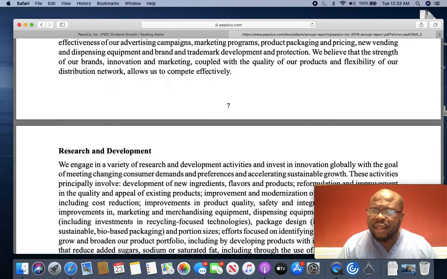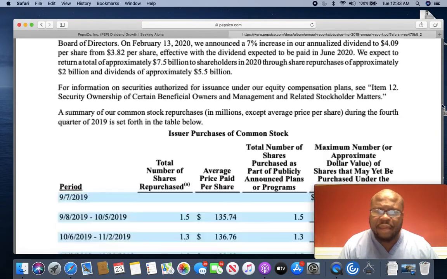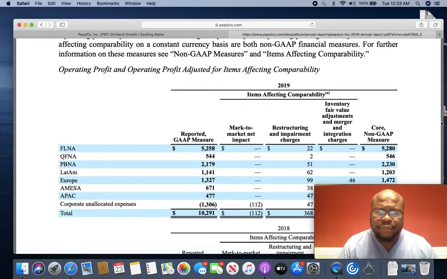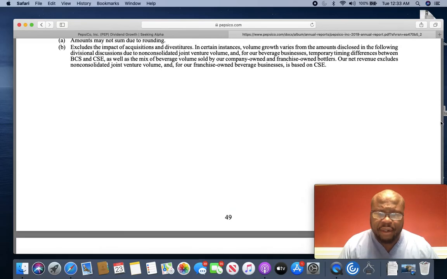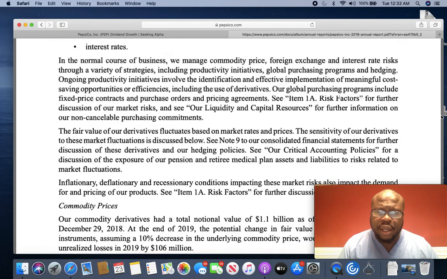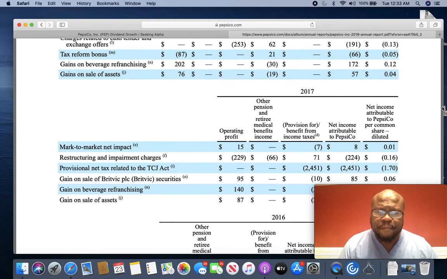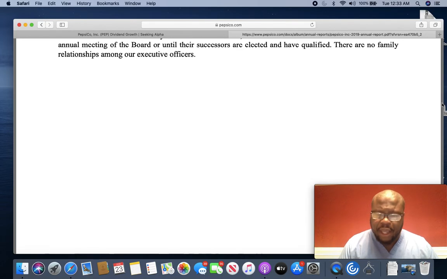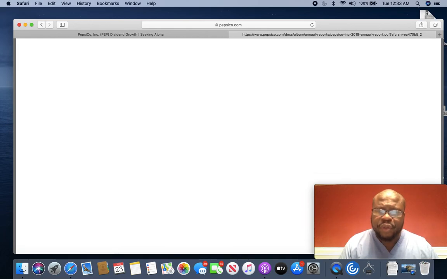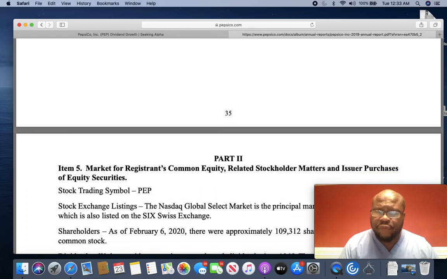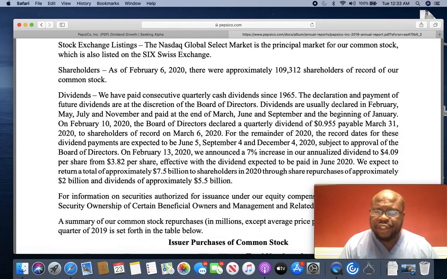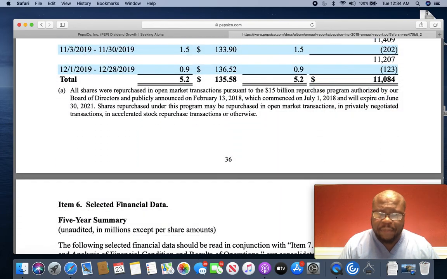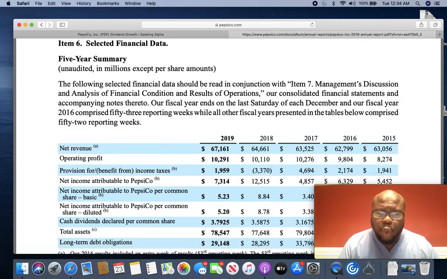And the reason why I say debt is just like in our own life, you don't want to have too much debt, and the reason being is the interest you have to pay on that debt. Whether the company is having a good financial year or a bad financial year, if you have debt, that debt has to be paid. That interest is going to be paid regardless.